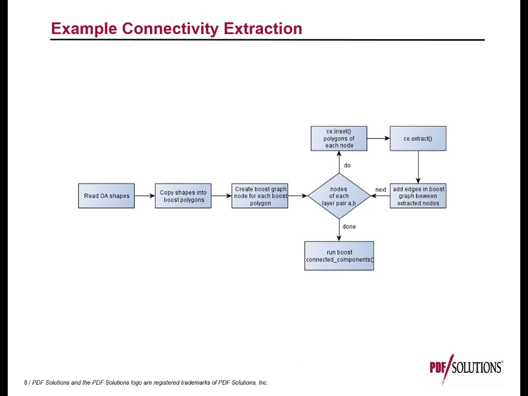Then for each layer pair, as I mentioned, A and B, I insert the polygons into the connectivity extraction. I run the connectivity extract, and for the result, I add an edge in my global graph. And I do this for all my layer pairs, and at the very end, I run my connected components. And then I get my result.